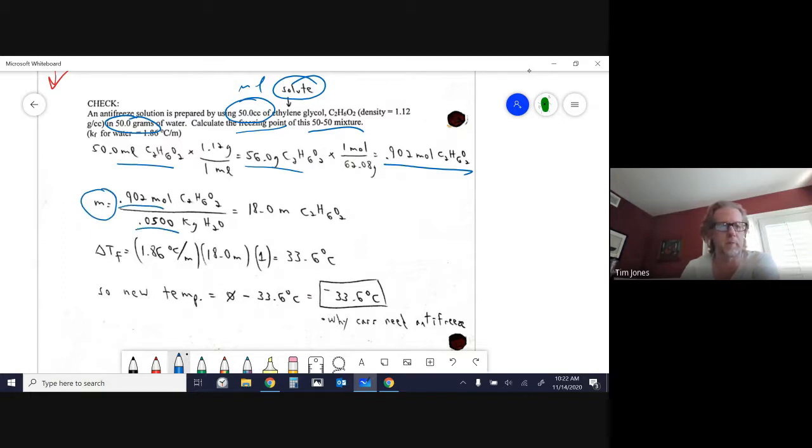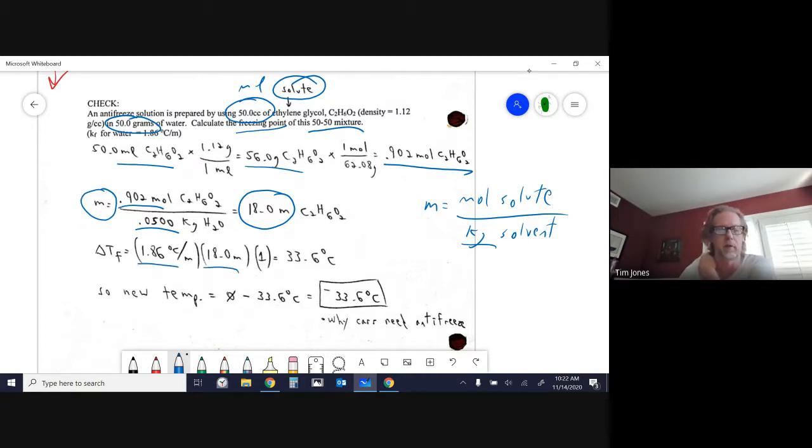I turned the grams of water into kilograms because remember, molality is moles solute divided by kilograms of solvent, and it must be kilograms. And we get 18. We then plug that into the delta T equals KMI calculation. Here's KF for water. Molality we just solved for.